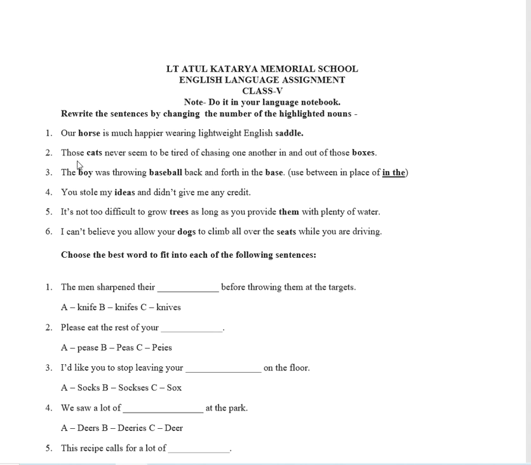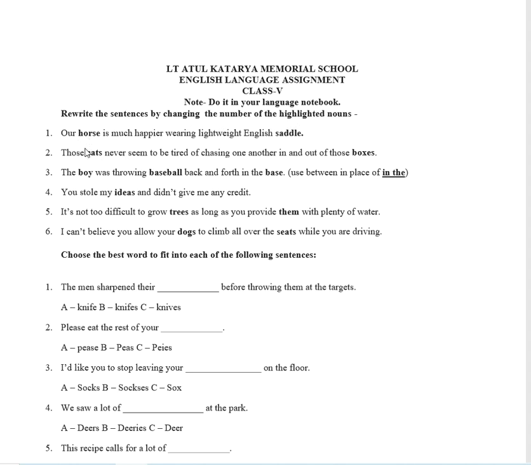Like for example, in this first sentence, our horse is much happier wearing lightweight English saddle. Now when I change this into plural, as it is said that we will change the number of the highlighted nouns, we will change horse into horses.